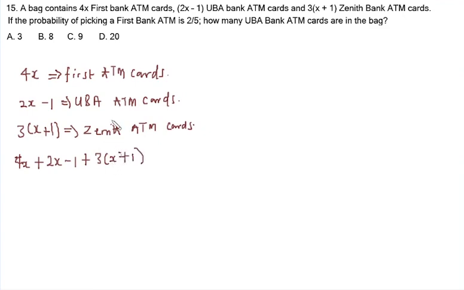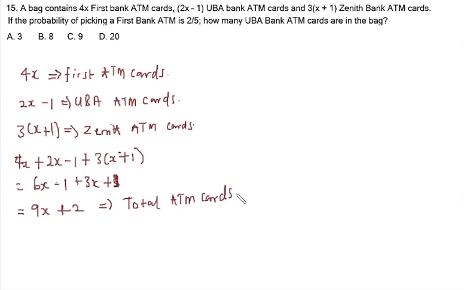So we are simply adding together all the ATM cards that we have to get the total number of ATM cards. So this is equal to 4x + 2x is 6x - 1 + 3x + 3, opening these brackets, + 3. So this is equal to 9x + 2. So this is the total number of ATM cards.